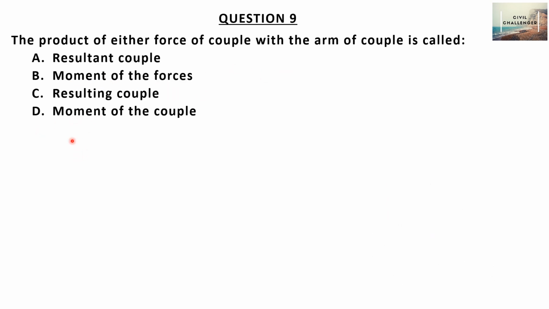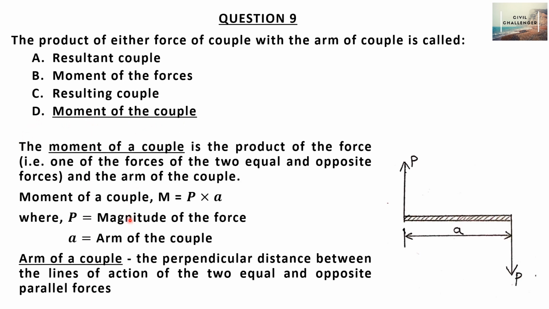Now the next question is, the product of either force of couple with the arm of couple is called option A, resultant couple, option B, moment of the forces, option C, resulting couple, option D, moment of the couple. Now the moment of a couple is equal to the product of one of the two equal and opposite forces and the arm of the couple.